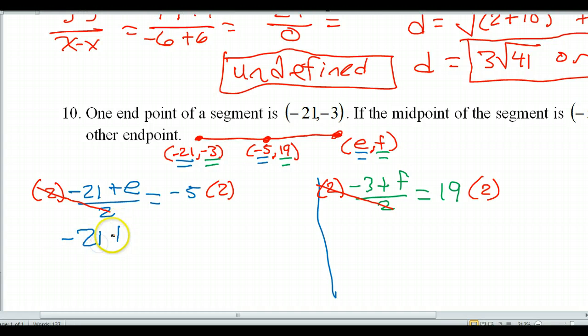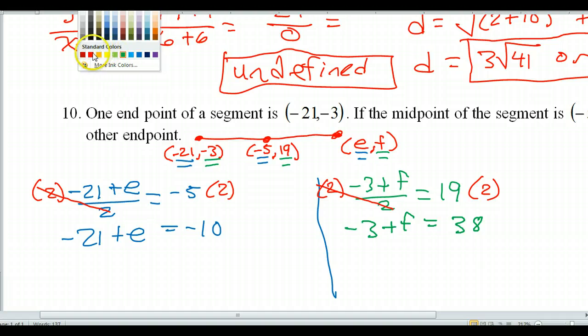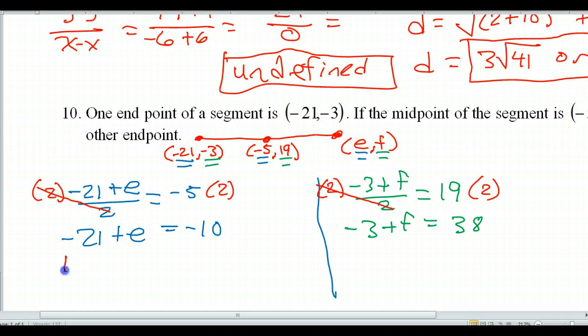negative 21 plus e is equal to negative 10. And over here, that's going to leave me with negative 3 plus f is equal to 38. So to get e by itself, I'm going to add 21 to both sides.